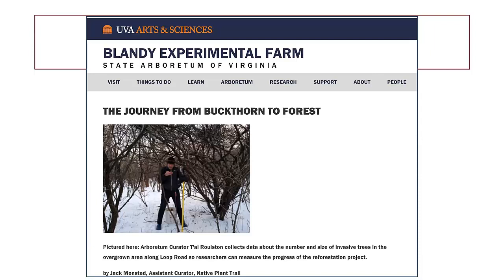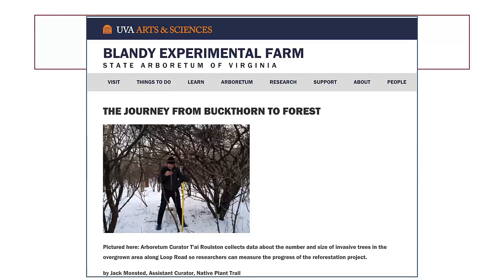What actually happened was that some invasive species, namely buckthorn and autumn olive, took over, and they found that the buckthorn and the autumn olive provided such a dense canopy that nothing could grow underneath them. So they were not seeing the succession that they were expecting.